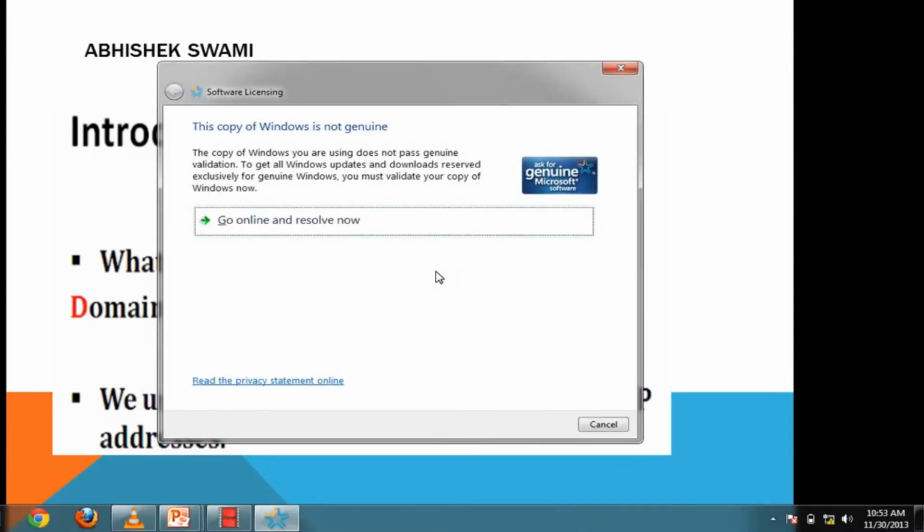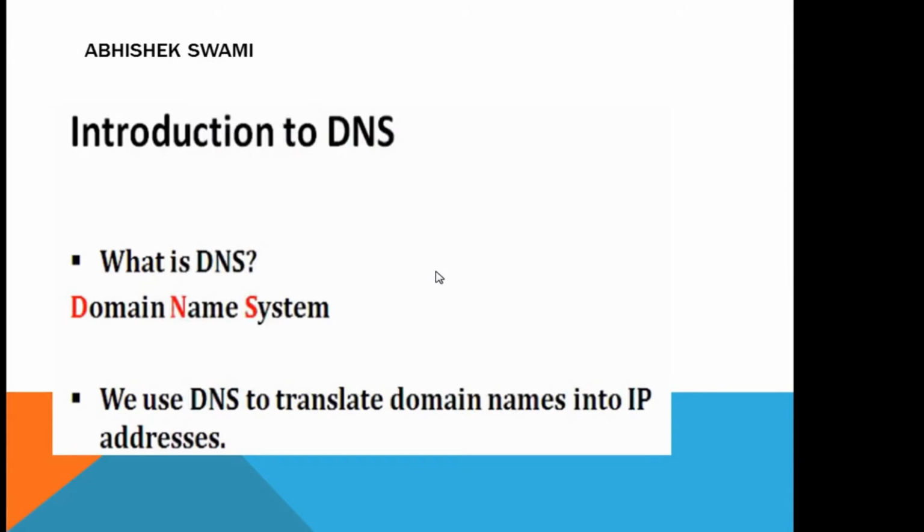Alright, let me give one more example. If you would like to access www.microsoft.com, and the IP address of Microsoft.com is, for example, 192.168.7.180.